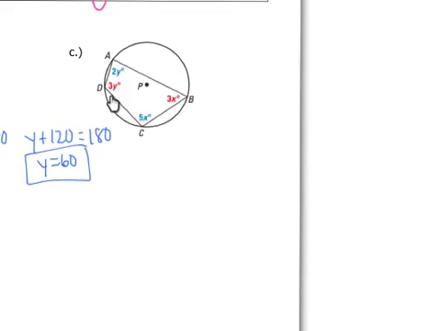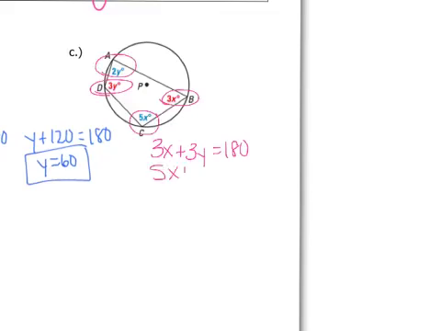Notice they already color code them for you. So let's look at the red ones first. We can say that 3x plus 3y equals 180. We're doing the same thing that we did in the last two examples. And then let's do it for the other two angles. So 5x plus 2y, those must also equal 180. So now we have a system of equations which we need to solve.